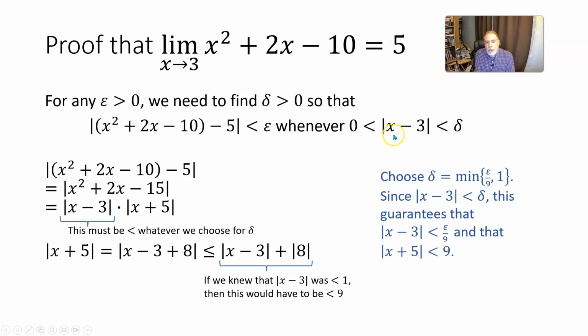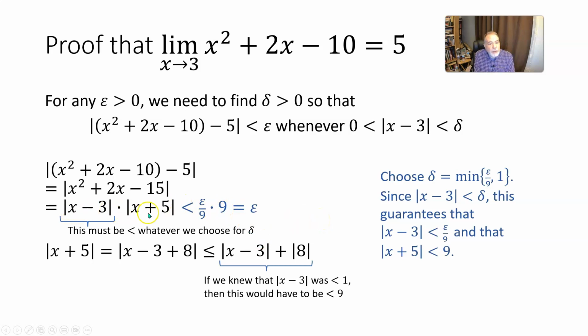So since we're talking about the absolute value of x minus 3 being less than delta, this would guarantee that the absolute value of x minus 3 is less than epsilon over 9, and also that the absolute value of x plus 5 is less than 1 plus 8, that is 9.